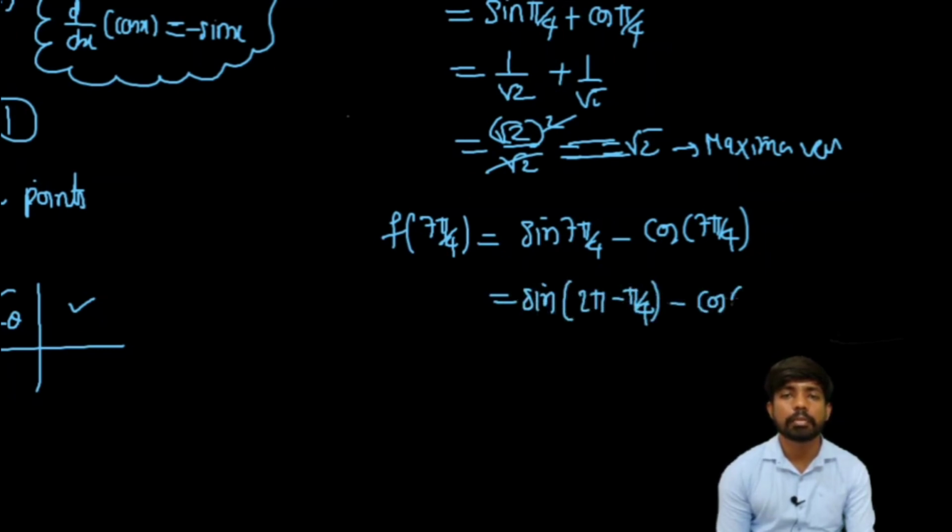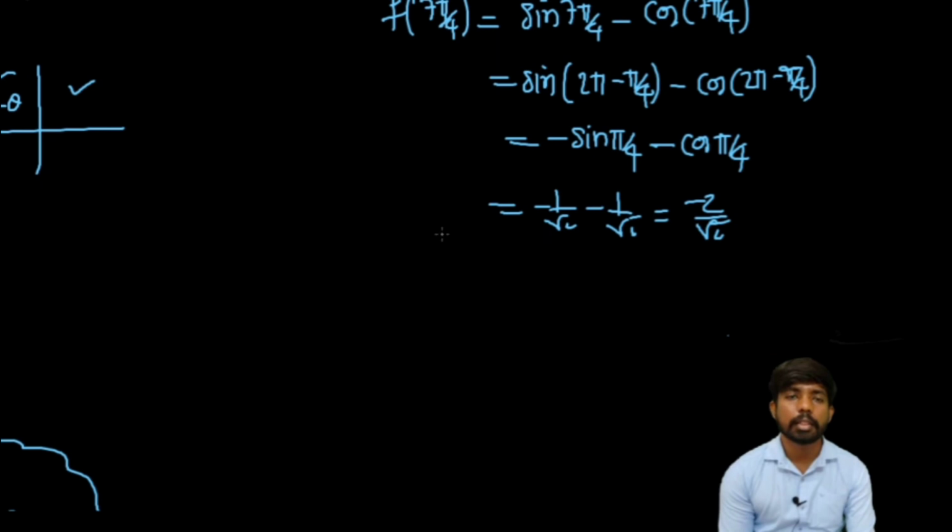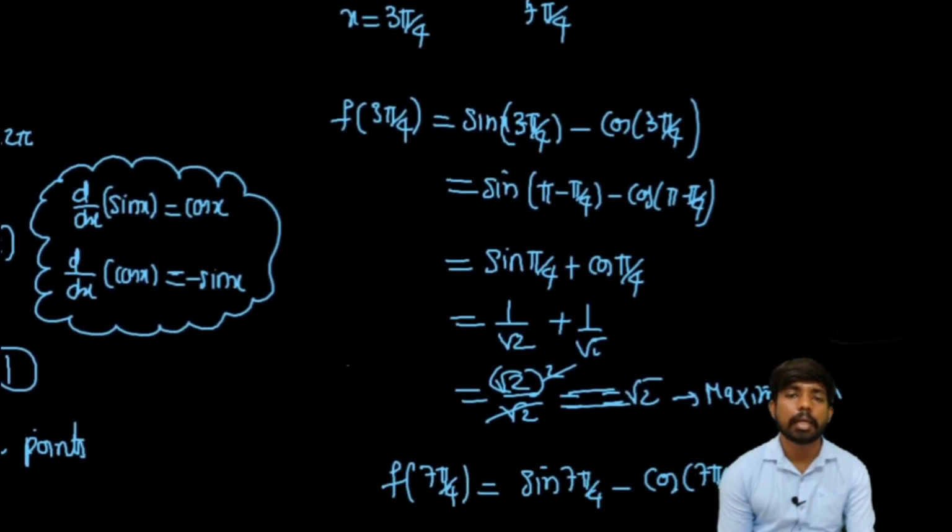Minus cos of 2 pi minus pi by 4. 2 pi minus pi by 4 is in the fourth quadrant, sine is negative, so minus sine pi by 4, and cos is positive, so minus cos pi by 4. So minus 1 by root 2 minus 1 by root 2 is minus 2 by root 2. Therefore f of 7 pi by 4 is minus root 2, the minimum value.